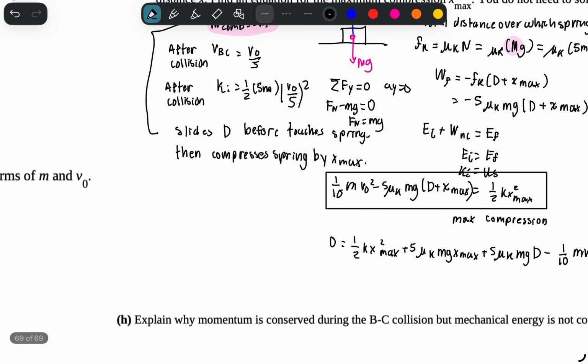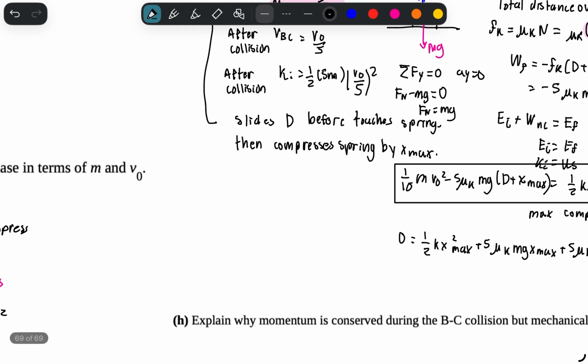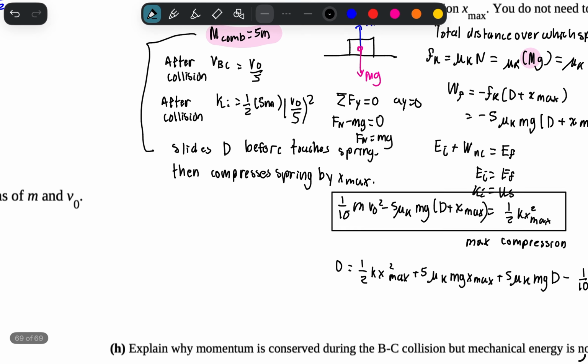So an important thing you have to realize is that the object is only going to reach the spring if it still has kinetic energy after it travels the distance d.